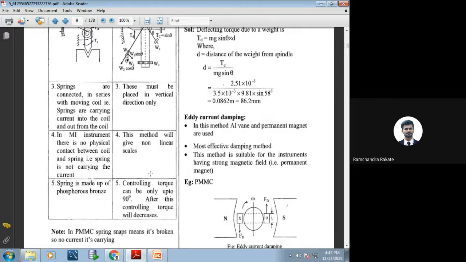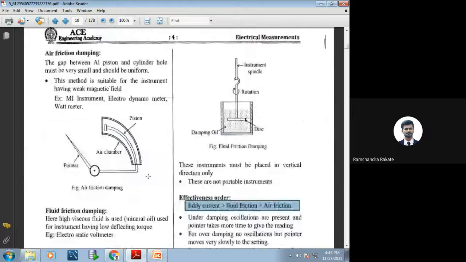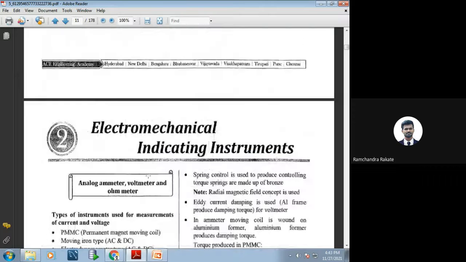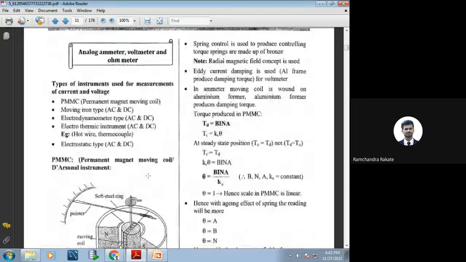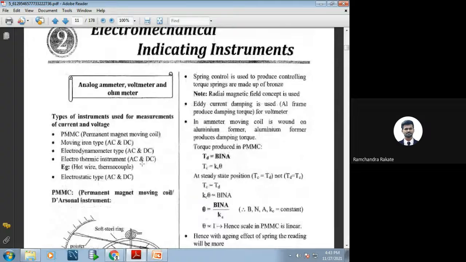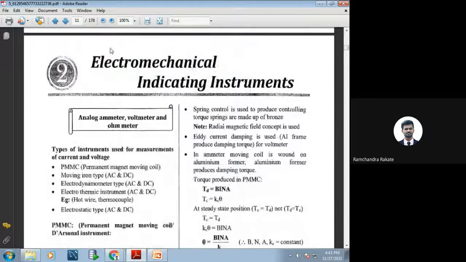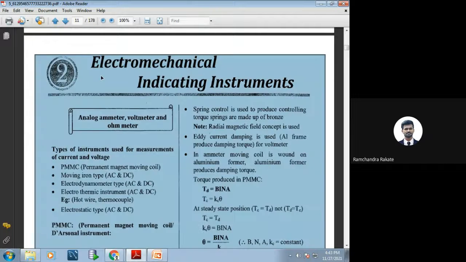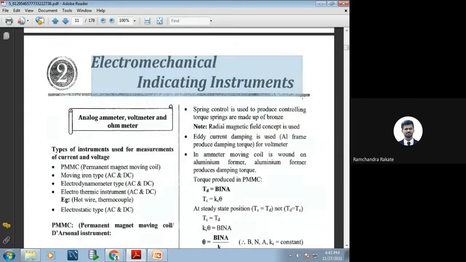Then we have seen the basic part of torque, all the different types of torque and their classification. Now we will go into detail of each instrument. First we will start with the electromechanical indicating instruments. Correct.